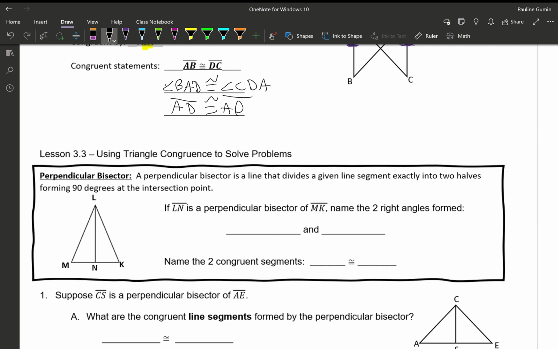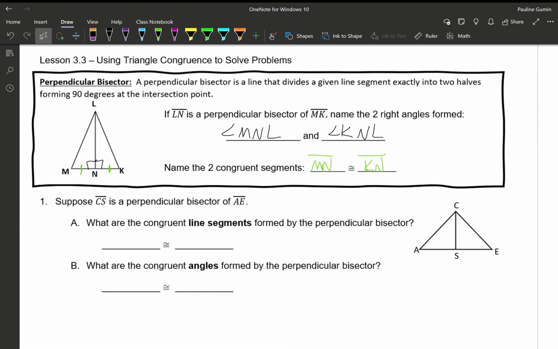That means it forms two right angles, right here and right here. We have angles MNL and KNL. It also forms two congruent segments, cuts this line in half. We have MN and KN.